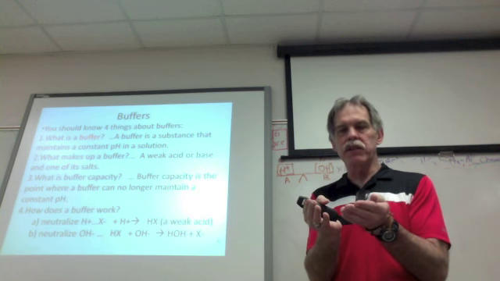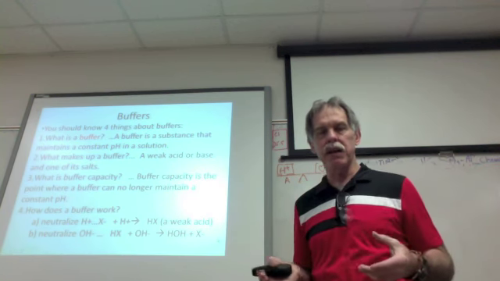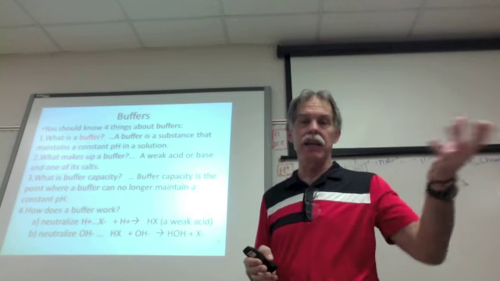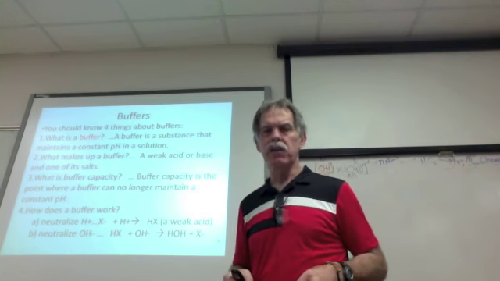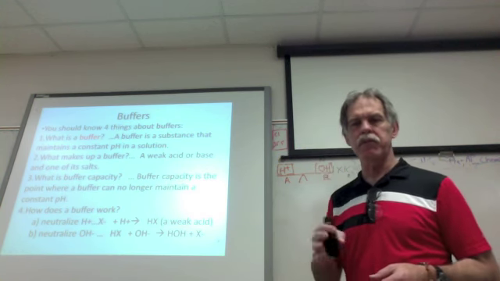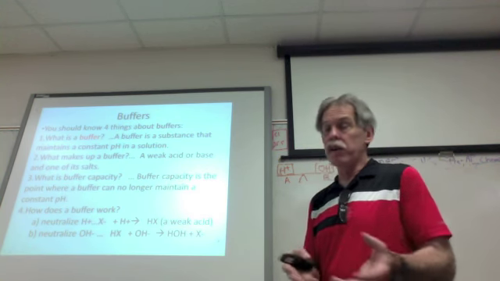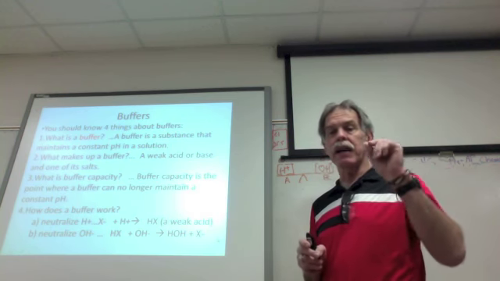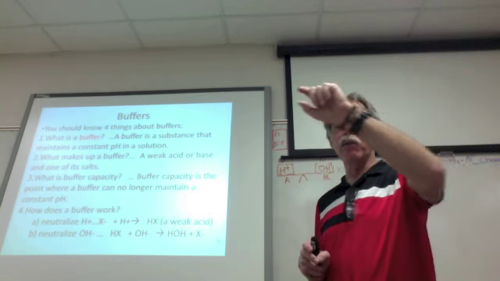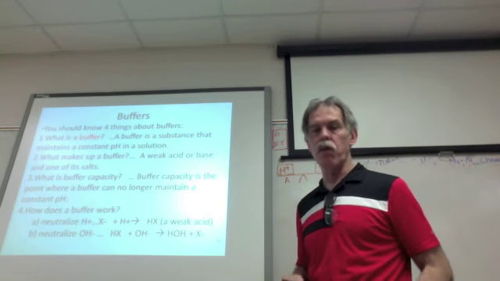For instance, if it were acetic acid buffer, then you would plug in the acetate for the X. Acetate's one of your polyatomic ions. So be able to explain the general one, and you'll be able to substitute that X for something else. Or you could just do the whole thing with X and say, in this case, you wanted the acetic acid buffer, so X equals acetate, and then put the formula for it.